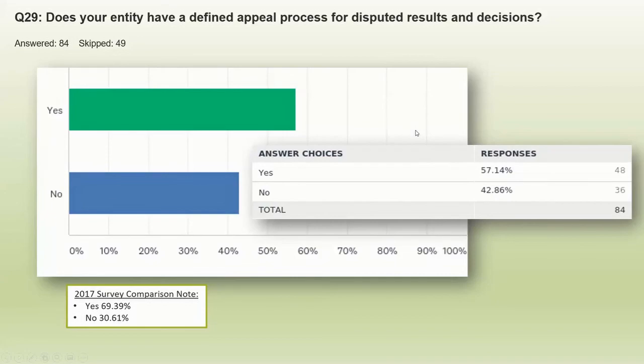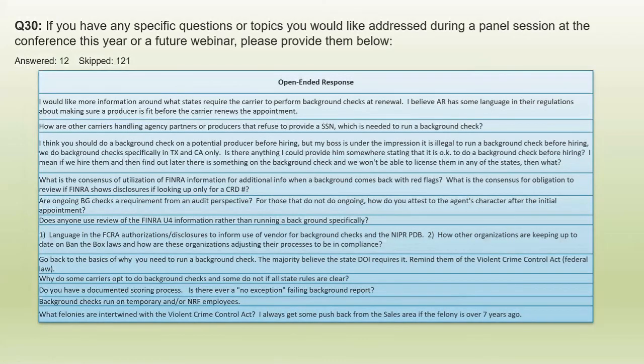And last but not least, before I stop talking for a second here, question 30 was just open text. I think it's also important that we display this, because this is stuff that we may be discussing on the forum. We also have a task group that we try to meet monthly, and we go through and update the best practices handbook with different information regarding background screening practices.